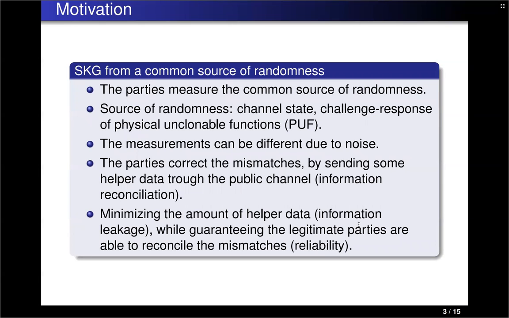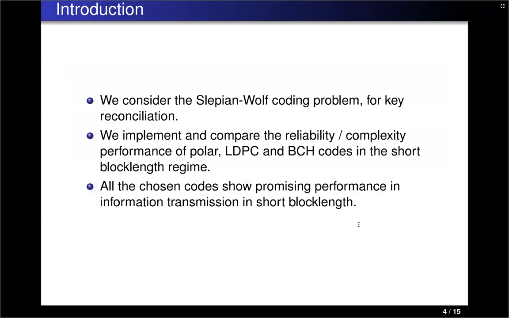Of course, this helper data can also help Eve estimate the sequence. So we need to minimize the helper data to avoid information leakage, while guaranteeing the legitimate parties are able to reconcile the mismatches, the reliability issue.